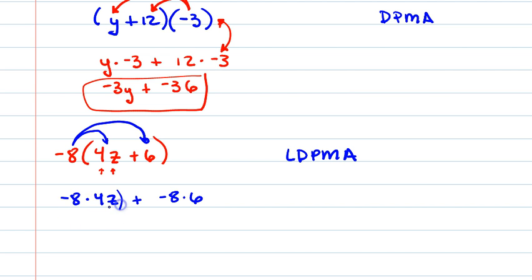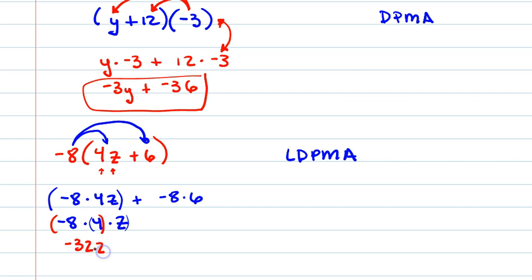This part right here can be confusing, but if you think about it this way, you have negative 8 times 4 times z. Right now these two were grouped, but the associative principle tells me that I can group it here instead. So negative 8 times 4 is negative 32.